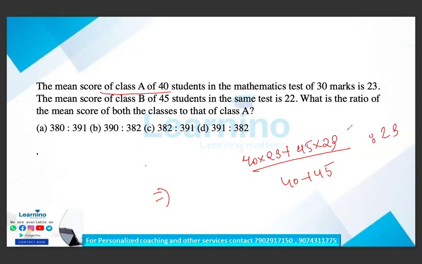That will be 382 is to 23 into 17, that is equal to 382 into 391. So option C will be the answer of this question.